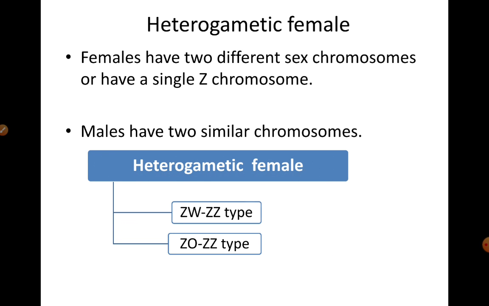When females are heterogametic, it is discussed under two headings: one is ZW and ZZ type, the other ZO and ZZ type. Here the female is represented with ZW, having two different chromosomes, whereas the male is homogametic with similar chromosomes.